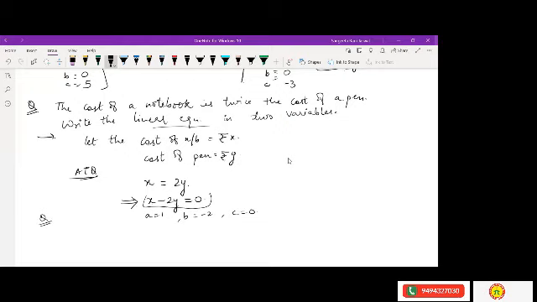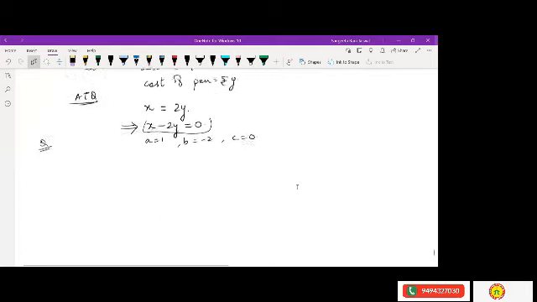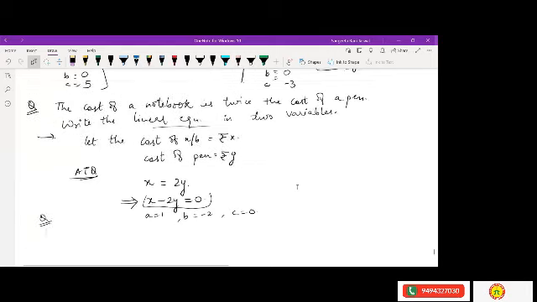Ma'am, so first we need to find the cost of one notebook and one pen, right? We don't need to find that, we just need to take the variables. We are not finding the values of x, we are just taking the variables which are representing that.